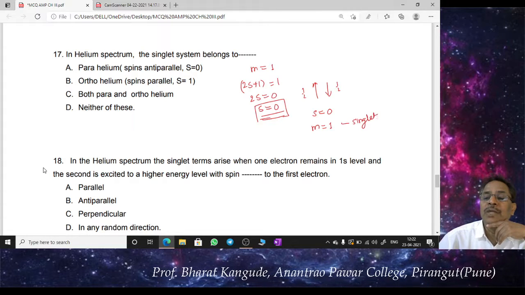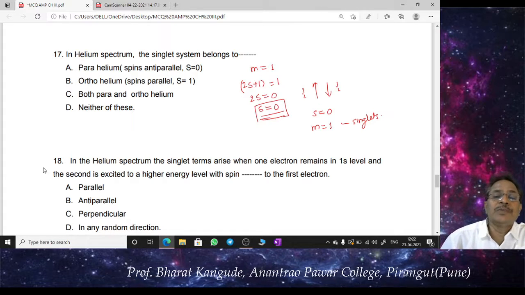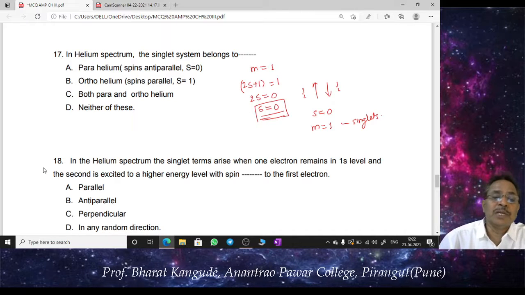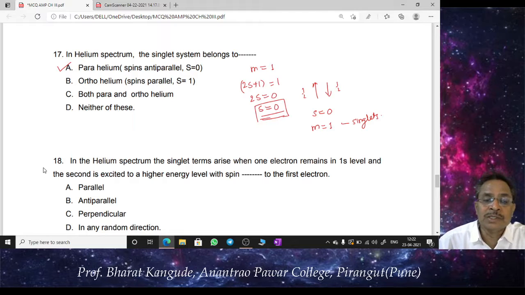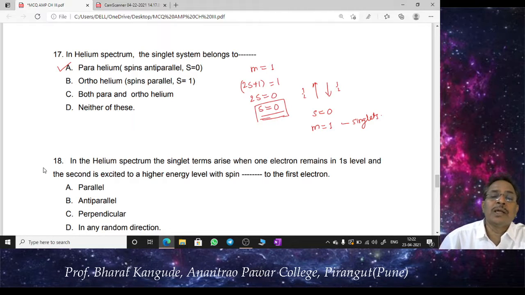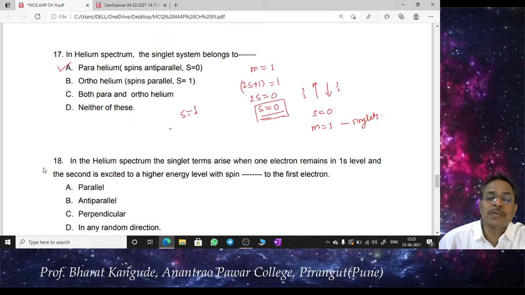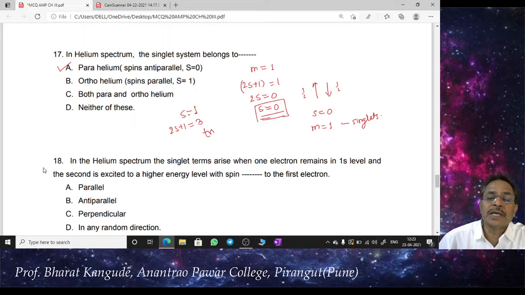So basically, when we go for this type of helium, which gives rise to anti-parallel spins, or S equal to 0, multiplicity is 1, then singlets are possible, and therefore it is called parahelium. So in the helium spectrum, the singlet system belongs to parahelium, and naturally when S is equal to 1, then the multiplicity 2S plus 1 is equal to 3, and that gives rise to triplets.